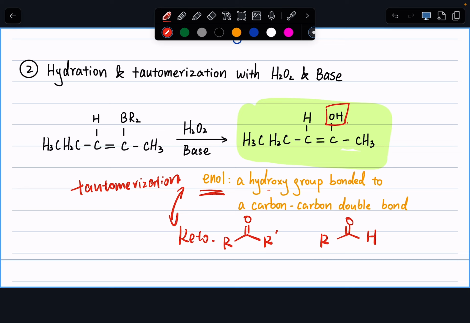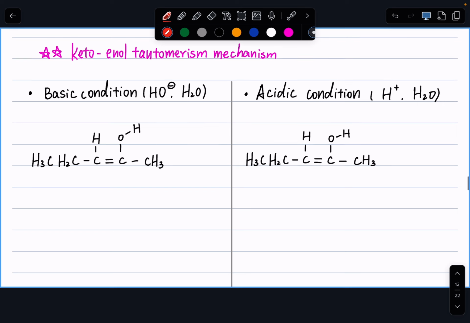All right. Let's look at the mechanism of the keto-enol tautomerization reaction and see how to write out what is happening to convert your enol into keto. The keto-enol tautomerization can take place via two different mechanisms depending on its reaction condition.